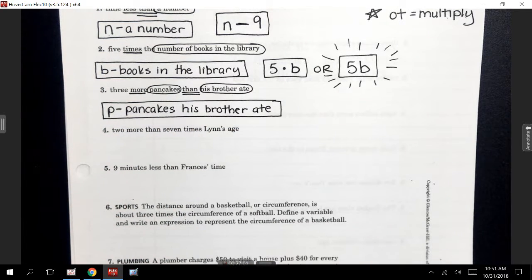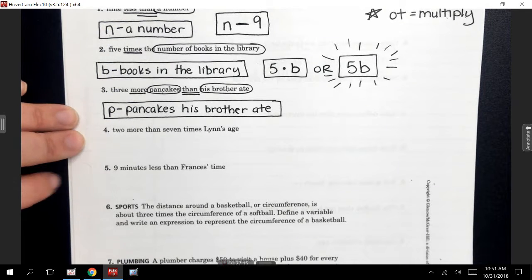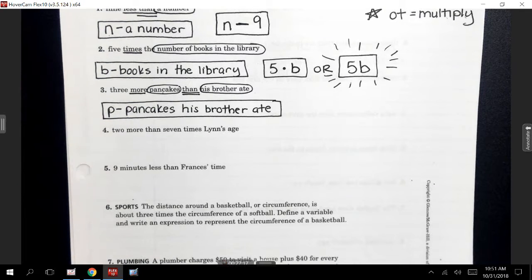All right. 3 more than his brother. More than. What operation would that be? What operation? The more than. We're not using alligator symbols. So that's adding, subtracting, multiplying, or dividing. More than. Adding.